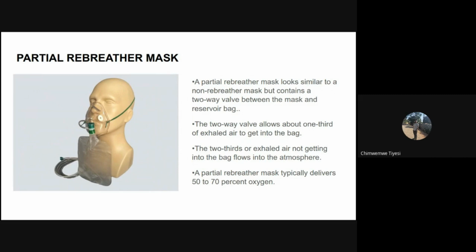One thing to mention about the partial rebreather is you can't achieve high concentrations of oxygen because of the 1/3 that gets back into the reservoir bag. A partial rebreather mask typically delivers 50 to 70% oxygen to the patient.